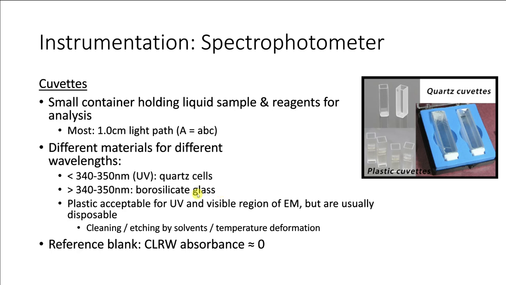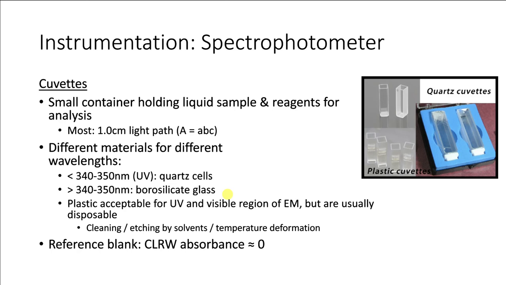Plastic we can use for UV and the visible region of light, but they're usually disposable, and unlike the quartz crystals or the borosilicate, we can't keep reusing it, because if you've ever interacted with plastic in your house, you know that they can scratch really easily. Solvents will often want to react with plastic. Cleaning is a nightmare.